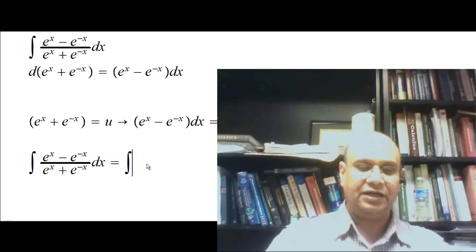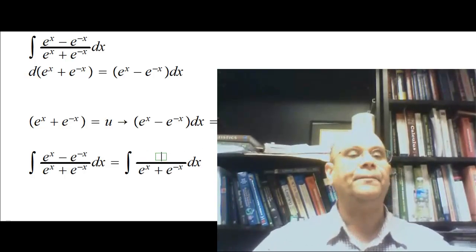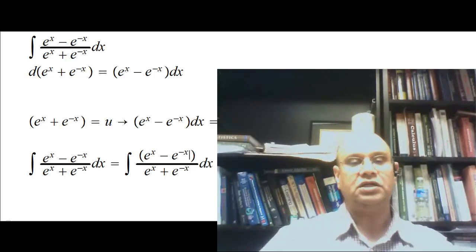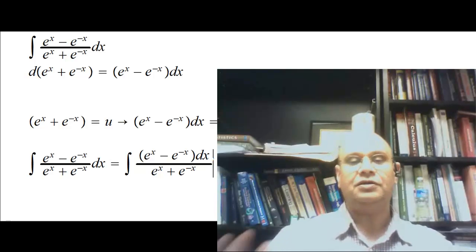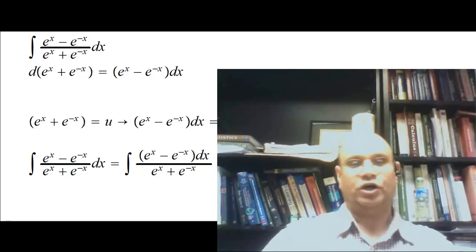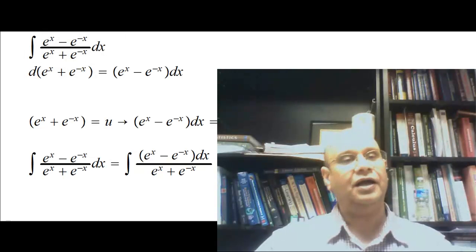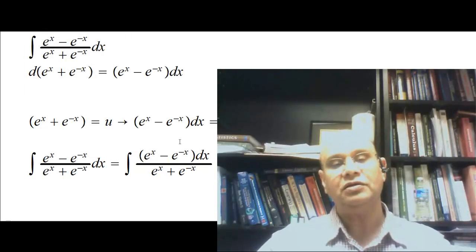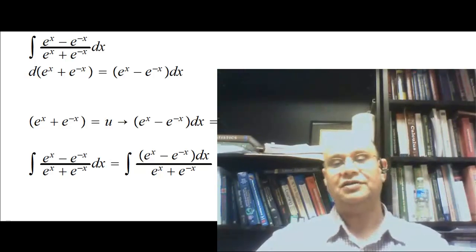If you wanted, I could just rearrange it like this. See here, dx. Making sense? Okay, then what is it? It's du over u.